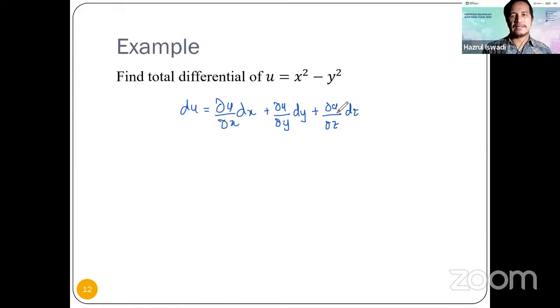There's no z, sorry. So we know that the partial derivative of u with respect to x is 2x, and the partial derivative of u with respect to y is minus 2y.